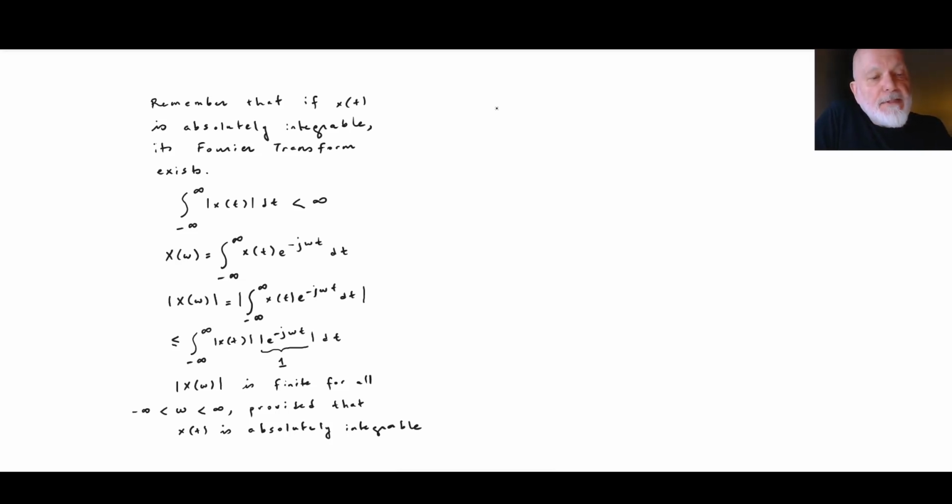Now, for instance, if we have x of t equal to e to the minus t u of t, we have X of omega. In fact, let us look at the condition of absolute integrability from minus infinity to plus infinity. The integral of the magnitude of x of t with respect to t is just the integral from 0 to infinity, since we have u of t. The magnitude of the exponential is just the exponential itself, e to the minus t.